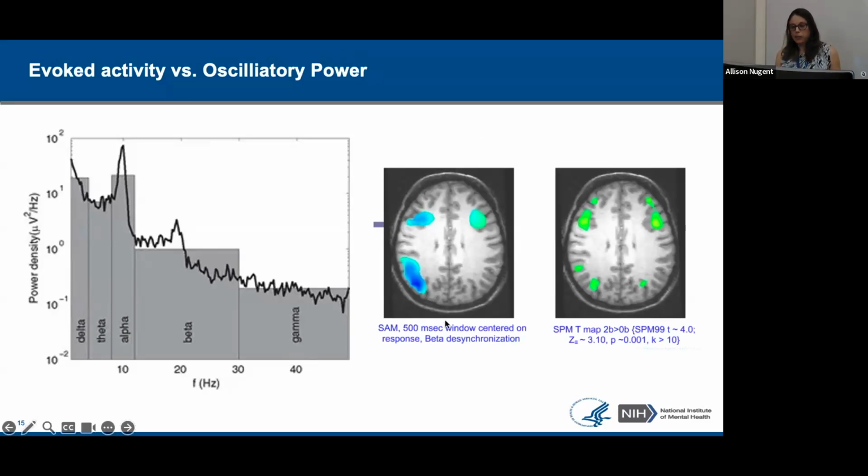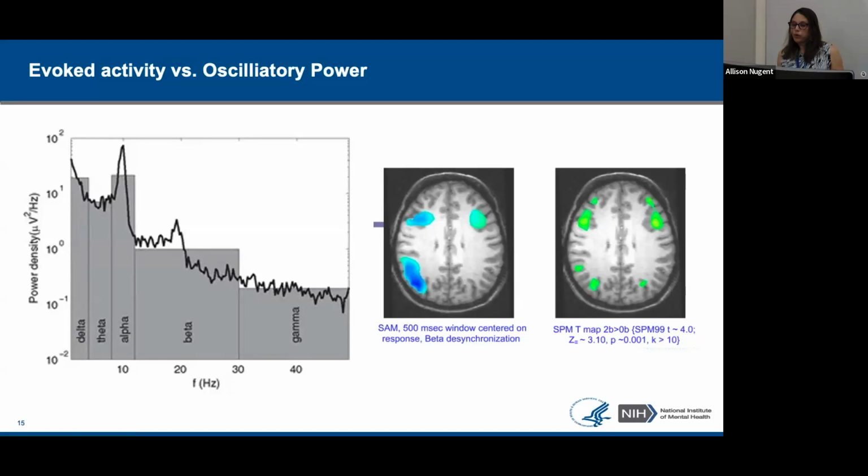This is in beta band limited power, and there's a decrease in beta power in the hard condition compared to the easy condition in central executive network areas that line up almost identically with what you would see in an fMRI study. We're actually using the same task in imaging and fMRI just to show that we can get comparable information for that.